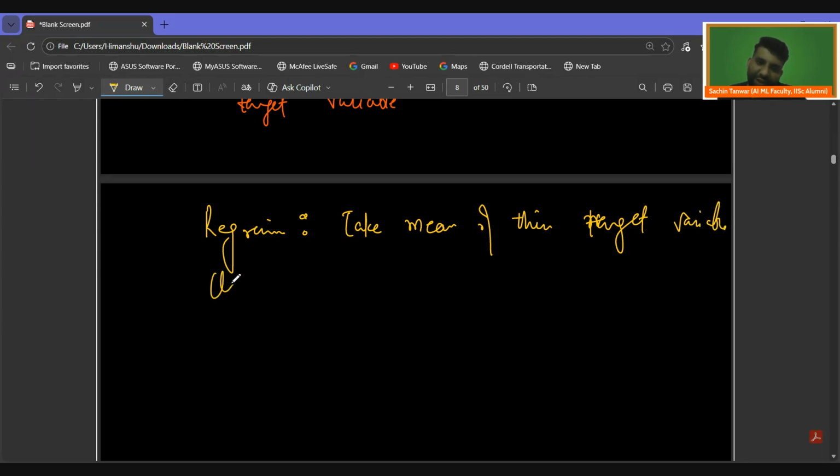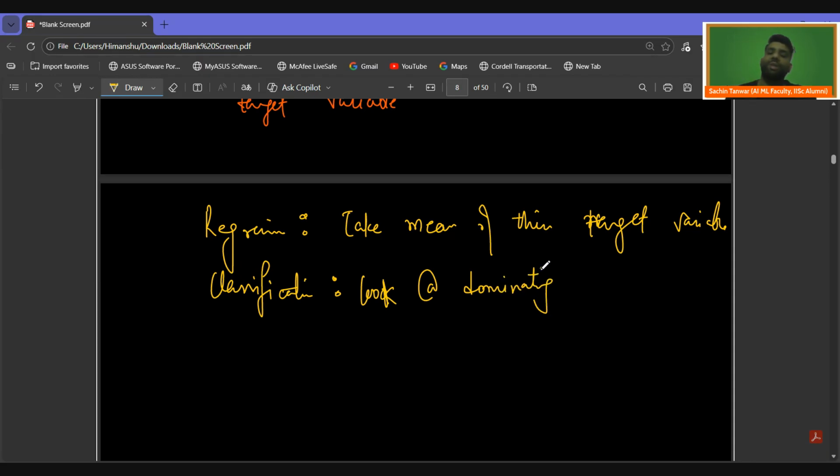If it's a classification, look at the dominating class. Which is the dominating class would be the class for this particular variable.